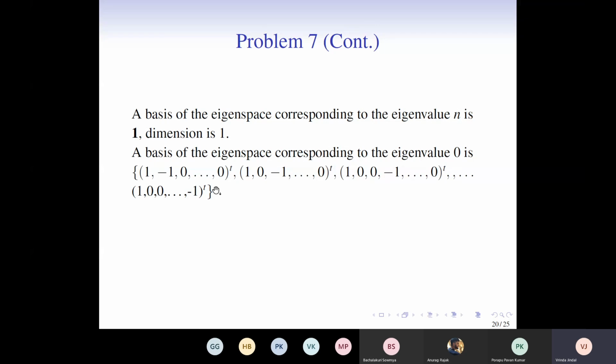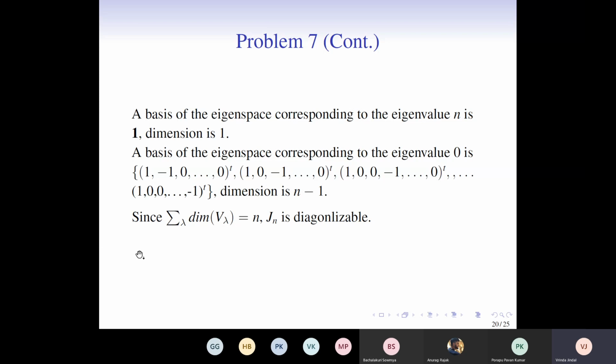Obviously this basis is not unique. You can put in different special values and get different bases, and there will be n minus 1 elements in this basis. So this is a basis of this eigenspace, and any element that belongs to this eigenspace can be written as a linear combination of these elements, and every linear combination of these elements will belong to that eigenspace.